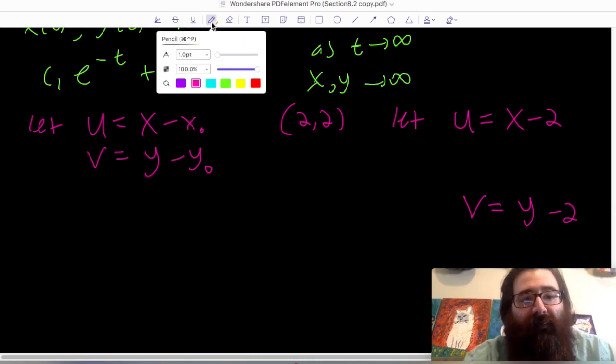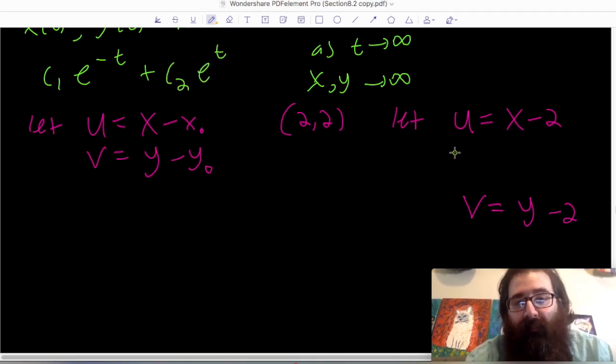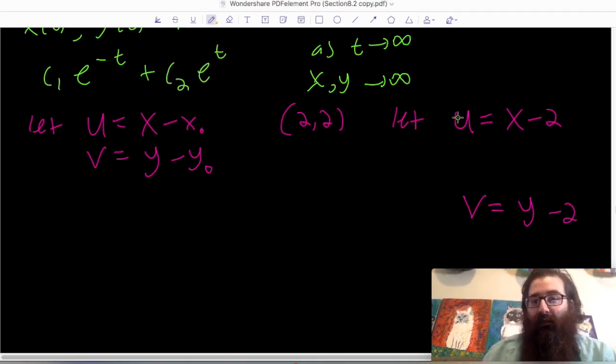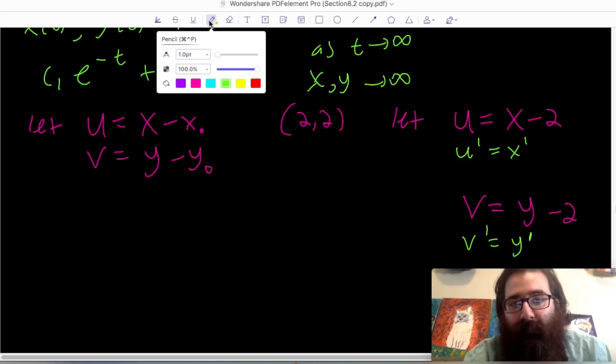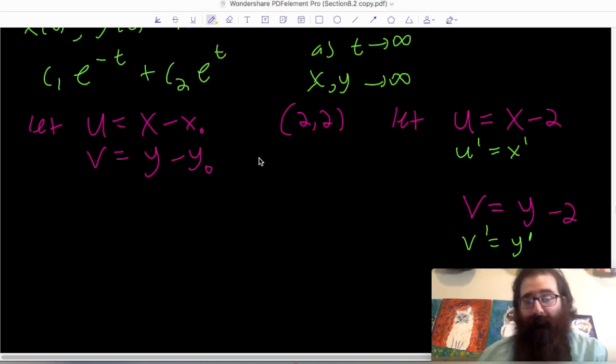Now, a couple of things I can mention right away from these substitutions. First of all, if I differentiate both sides, we're going to notice that u prime is equal to x prime, and similarly v prime is equal to y prime. That's going to be very useful, because with my substitution, I can exchange the derivatives very freely.